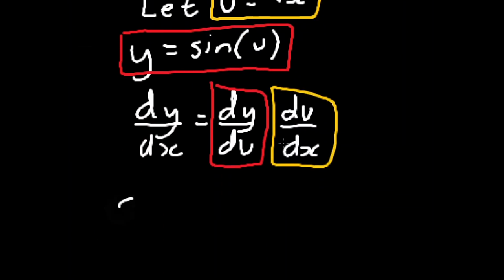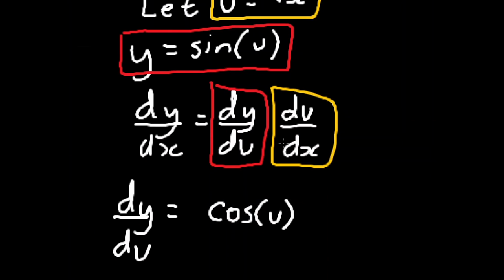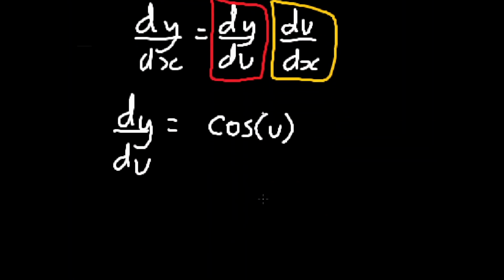So first of all, what is dy/du? Well, that is equal to, remember, the sine goes to a cos when you differentiate it. So it's a cos, and we're just going to write u here. Now you've got to figure out, is that a negative sign or a positive sign? When you differentiate cos and you integrate sine, so DC Comics is worse than Marvel, right?